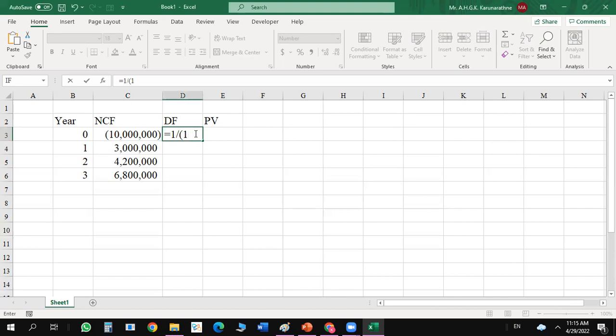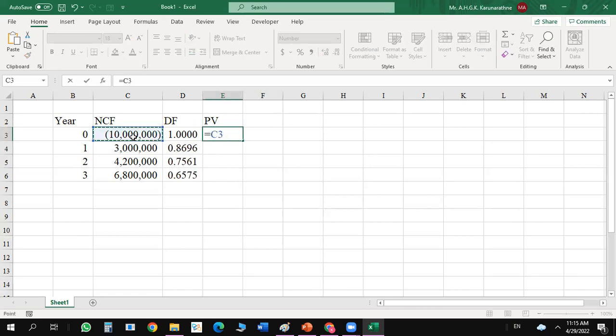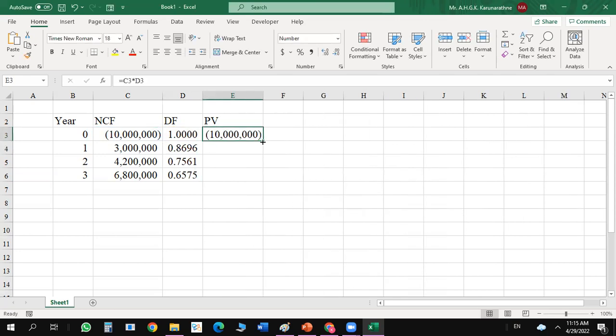So accordingly, 1 plus R means 1.15 because our rate is 15%. I'll put to the power like this. Then you can easily copy like this, and you can increase the decimal places. So this is your discount factor, and present value is equal to cash flow times discount factor. So very easy. Then you can copy it to other areas.